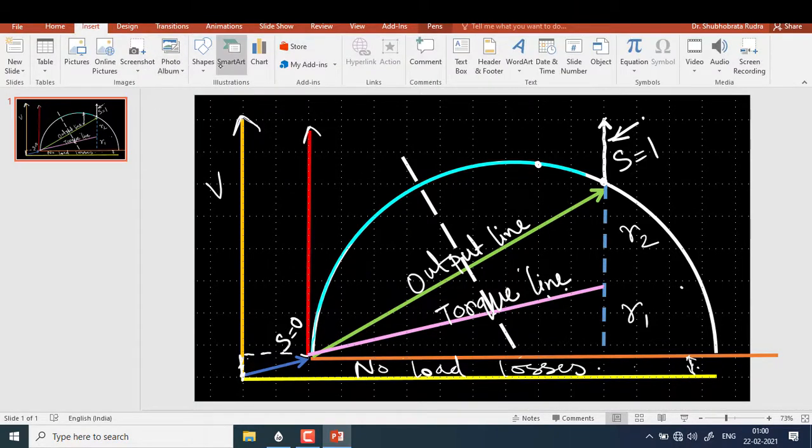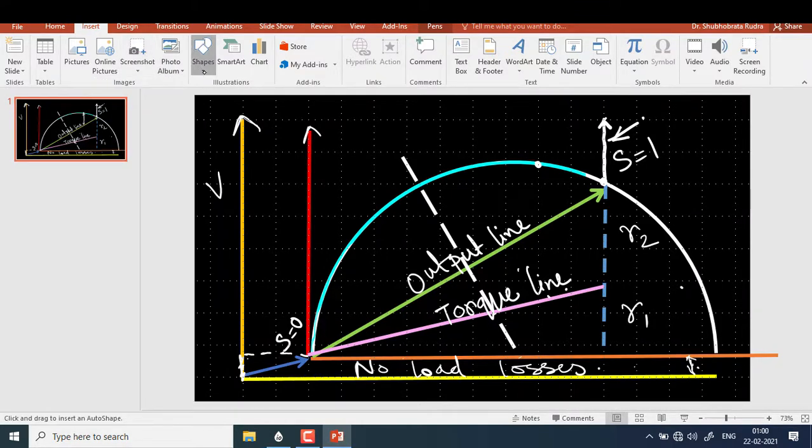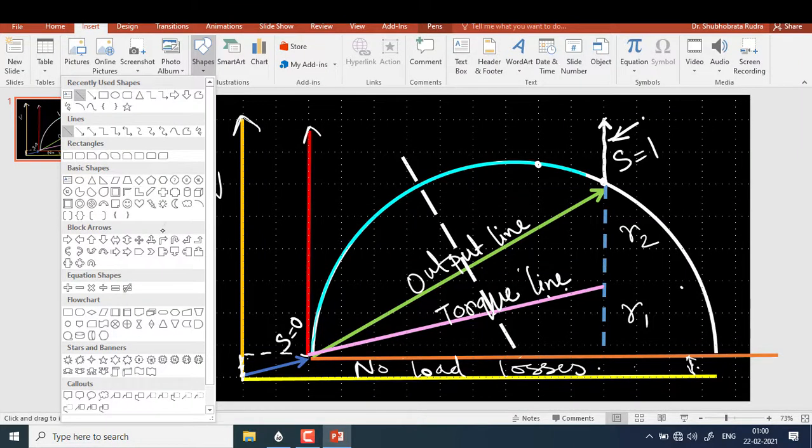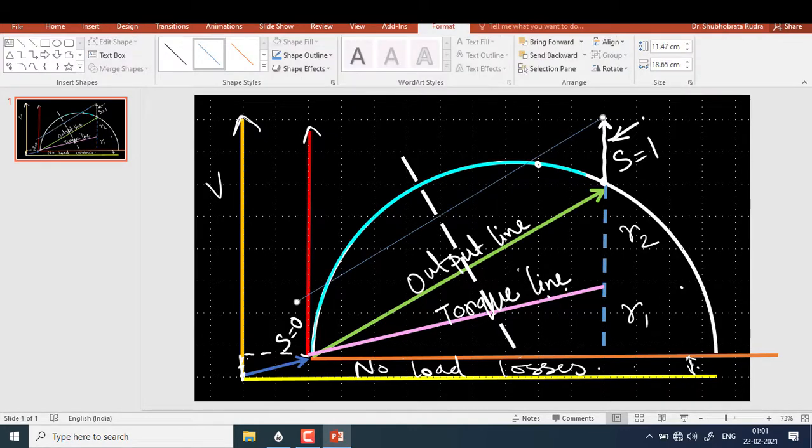So for this 2 unit power, I should draw a line, trying to use the same color as was used in that diagram.